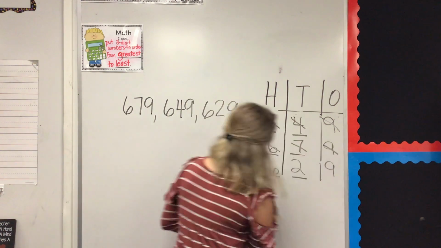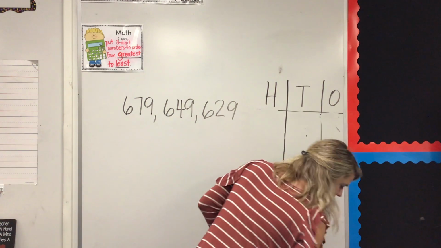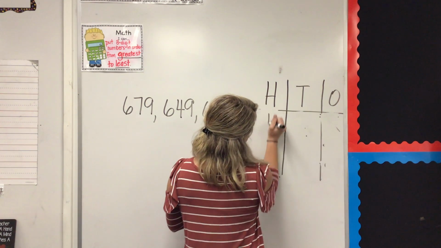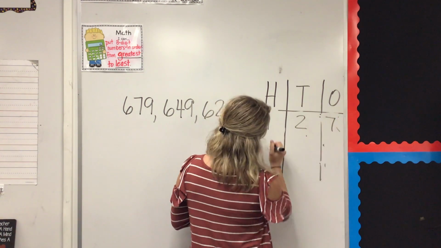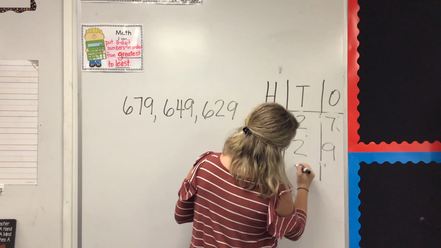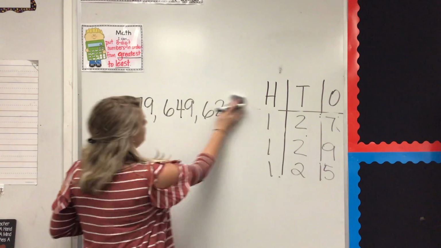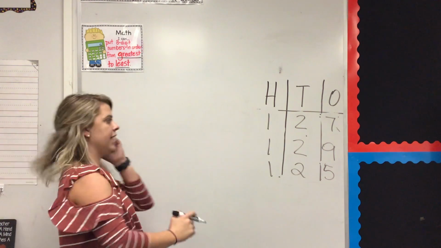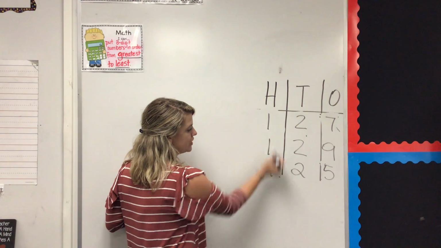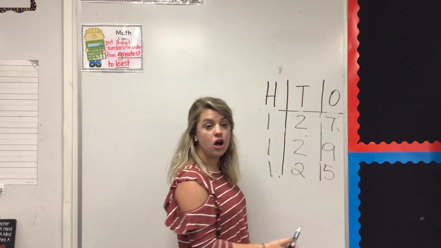Now let's look at what happens in another one. My numbers are 127, 129, and 125. All right, let's look at what we notice about these numbers. Okay, I notice that my hundreds are all the same. My tens are all the same.